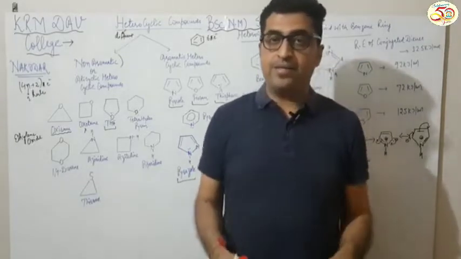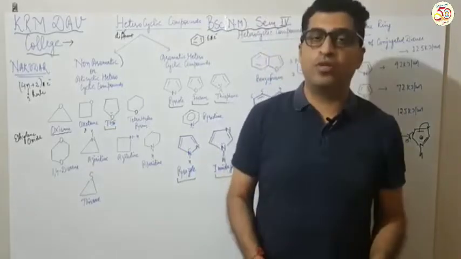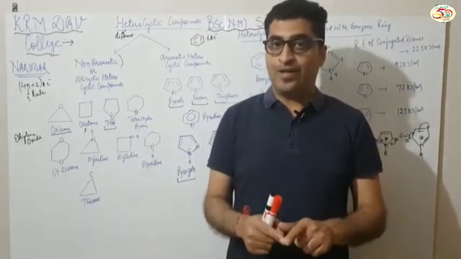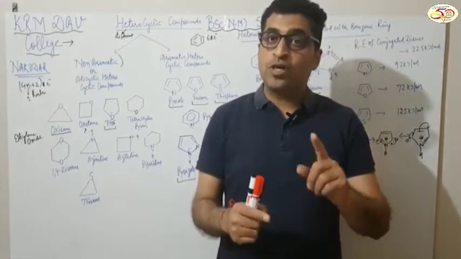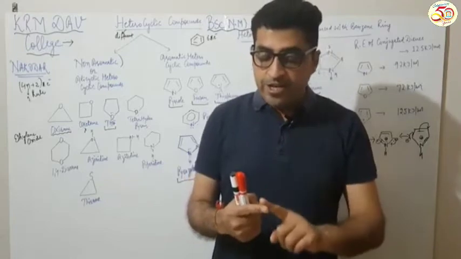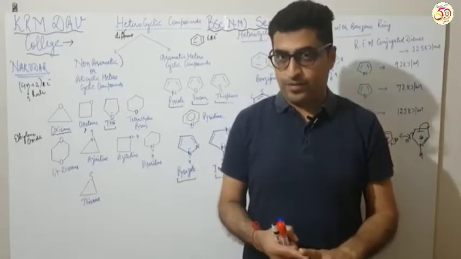And if you take benzene, benzene is not a saturated molecule. Benzene is an unsaturated molecule. Even though unsaturation is there, it shows substitution reaction. Students, we are quite aware that addition reaction is the characteristic feature of unsaturated compounds.